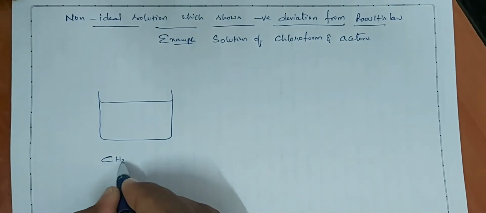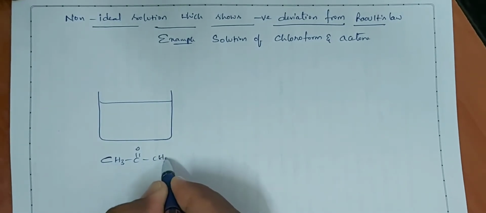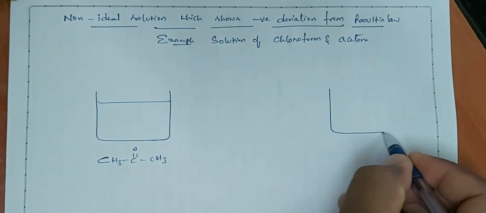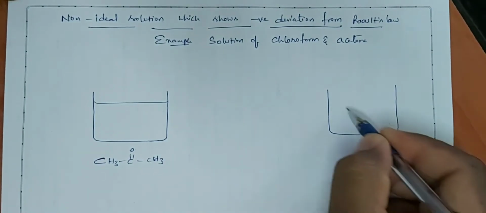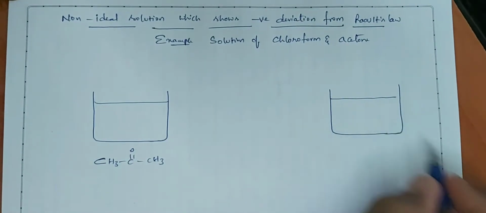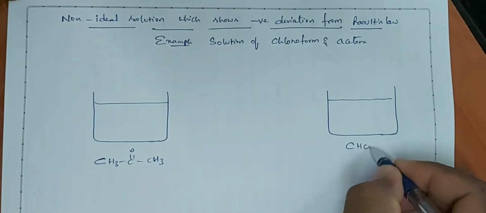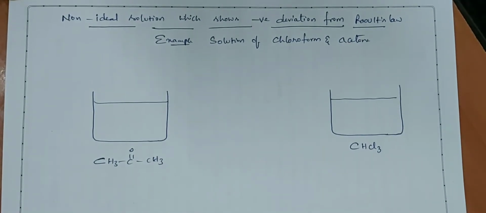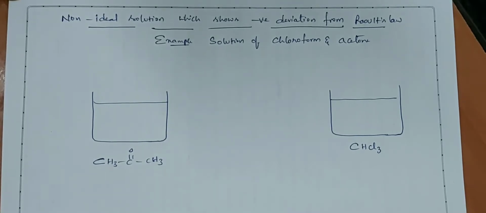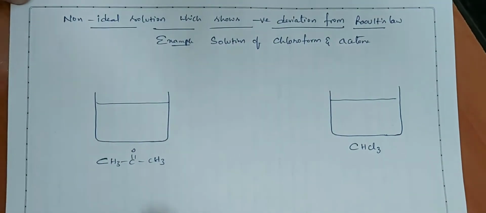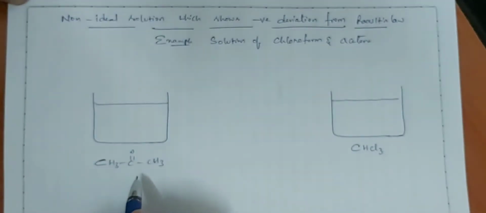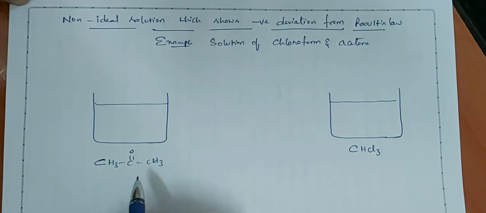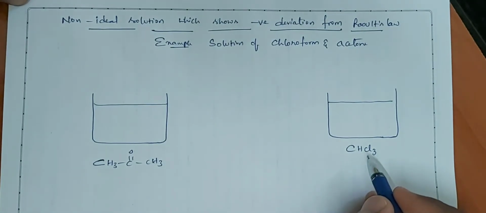Acetone formula is CH3 C double bond O CH3 and chloroform formula is CHCl3.